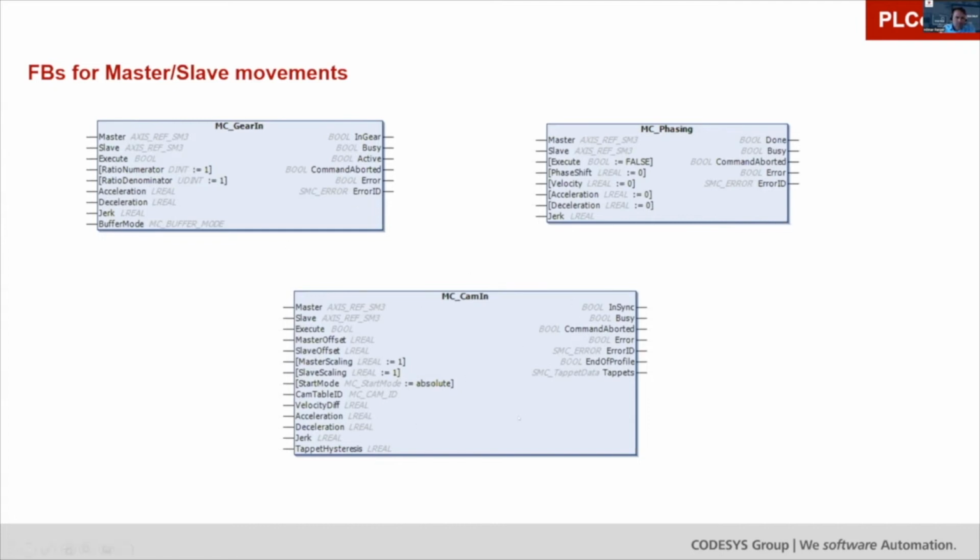The CamIn function block is a more complicated one, or not really complicated, but a little bit more complicated. It allows you to realize cam tables.